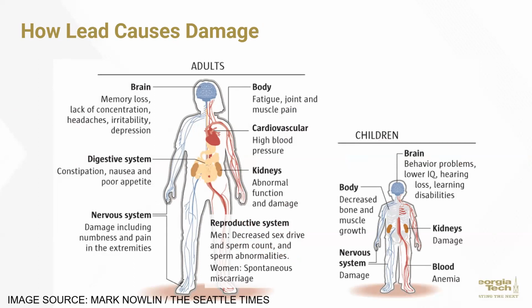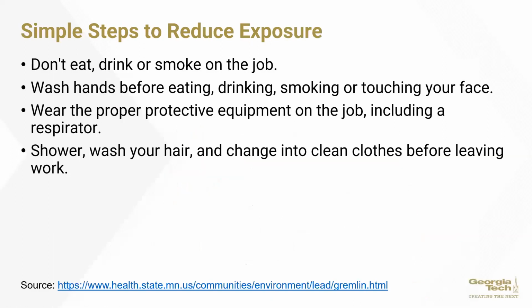And as Vicki described, one of the biggest impacts on children is the neurological changes that can lead to behavioral changes and hearing loss and learning disabilities, and these can be permanent changes. So we really want to focus on preventing that exposure in children.